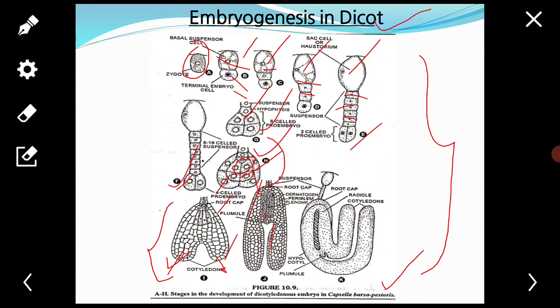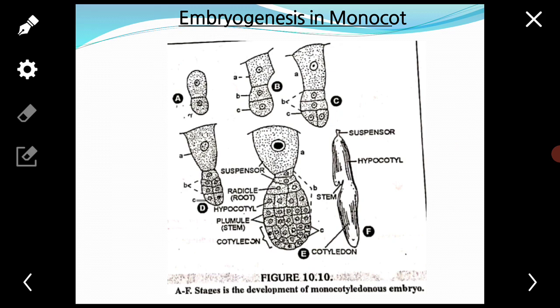Next, embryogenesis in monocot. The early phases of embryogenesis up to the formation of the globular proembryo are very similar in both dicotyledons and monocotyledons.